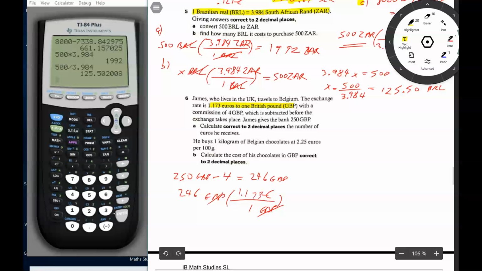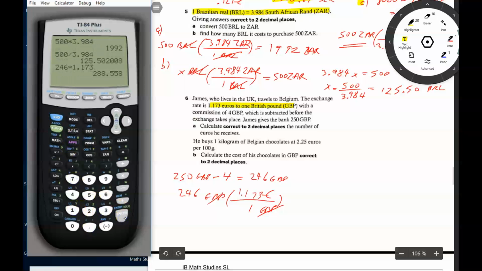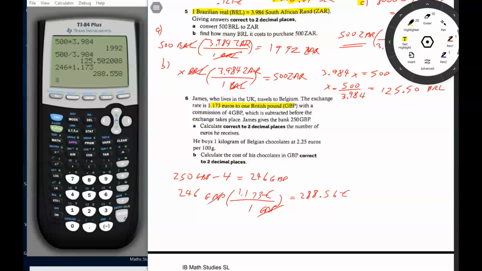So the amount of euros is going to be 246 times 1.173. 288.56, and this is euros. So that is the number of euros he received.